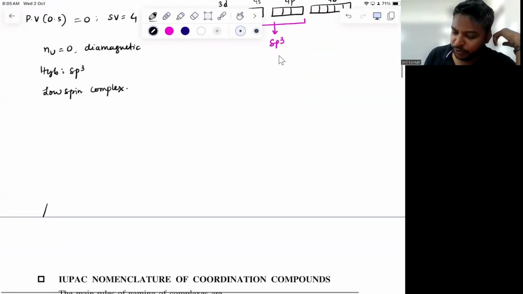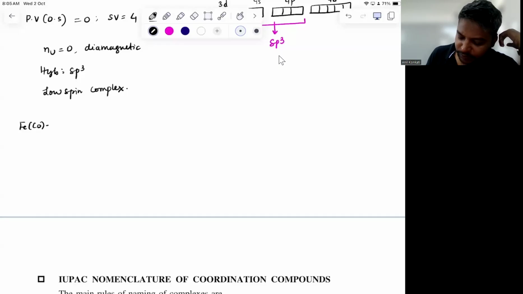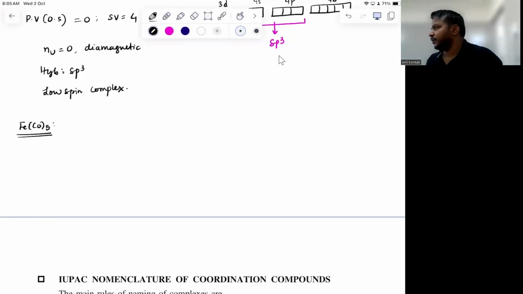So why don't we all do it together? One more question, so try this. If you have Fe(CO)5, let us see how we can do that. Everybody check. Let us try to figure out how we can get the hybridization and its magnetic behavior.